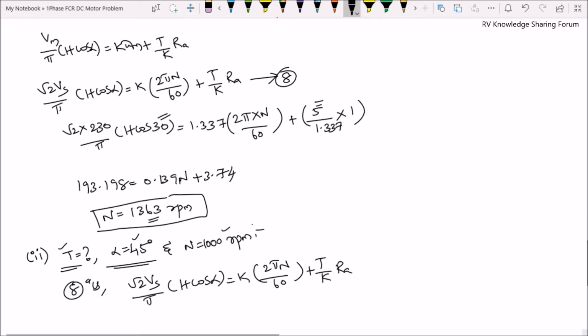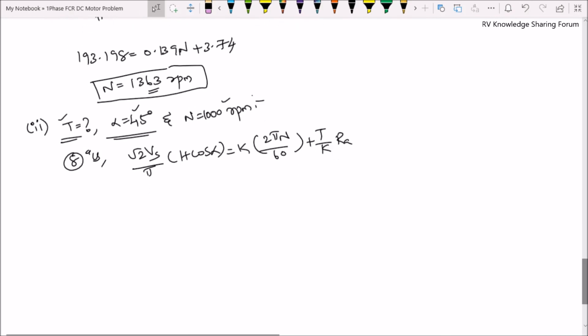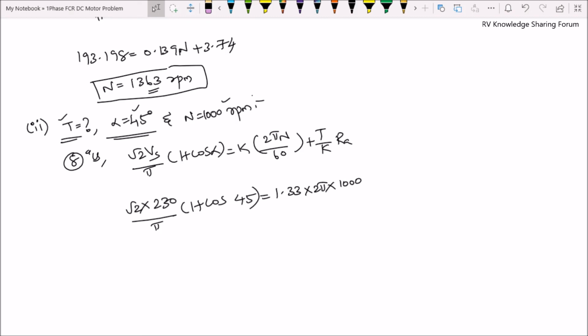Now let us substitute the data and find the value of the torque. Root 2 Vs is given as 230 by pi into 1 plus cos 45 degrees, which is equal to the motor constant K, 1.33, into 2 pi into 1000 rpm divided by 60, plus the torque we have to find divided by 1.33, into armature resistance 1.